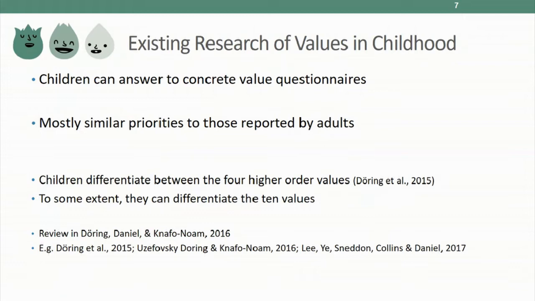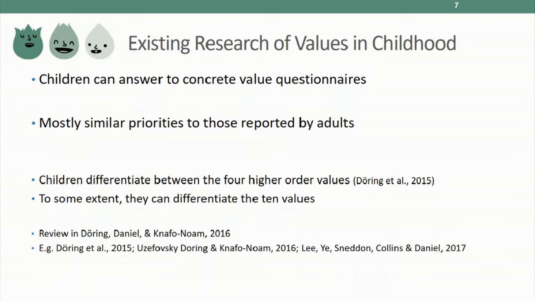And when they answer these questions, they answer in very coherent ways, in ways that we can identify and understand. In many ways, the priorities that they report are similar to the priorities that adults report. For example, if adults typically value self-transcendence values, so care for others and for society, quite highly, so do children.